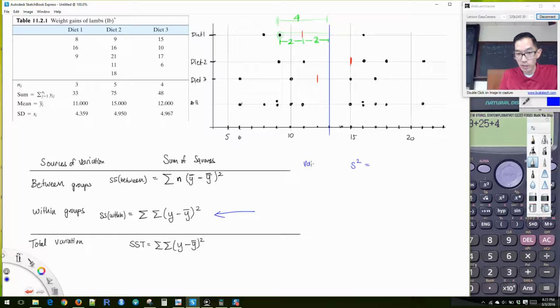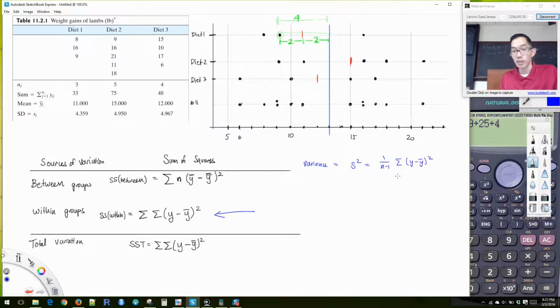So variance is equal to s squared, which is equal to 1 over n minus 1 times the sum of y minus y bar squared. This is our definition of variance, which is our standard deviation squared.